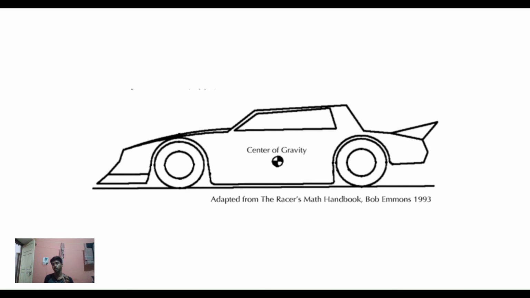If we talk about just the chassis alone, then there is no way to change the CG, okay? Because once the chassis is fixed, it is fixed. You can't do much over there. But you can still make changes when you have the suspension links on.